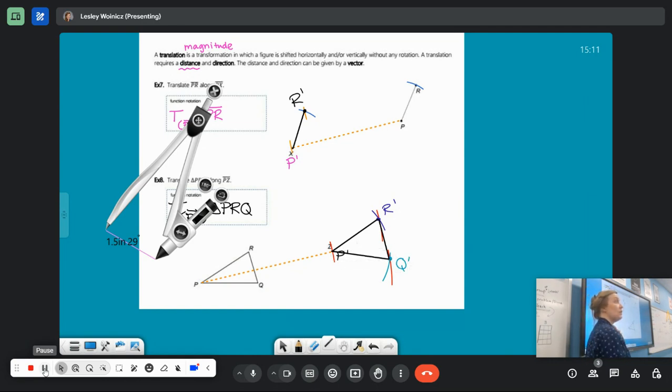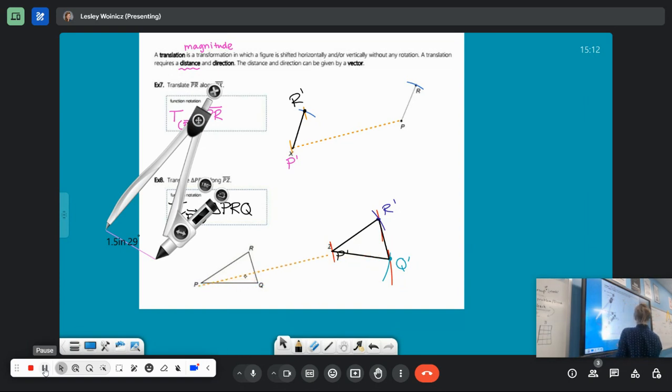Okay, there is one point that we need to make before we go any further. We've mentioned that this should be the same distance, the same direction. And, whoops, this one's a little off. Sorry, I messed that one up a little bit.